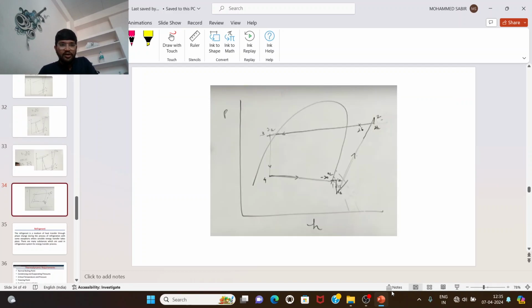Okay, then come to the topic, this is the actual vapor compression cycle.